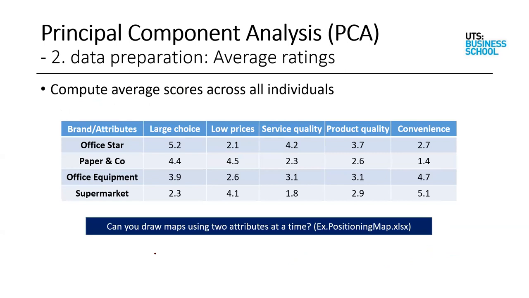So principal components analysis is beyond the scope of the subject, but that's the basic idea, or the intuition, that I've told you about. So you collect the data, you calculate the average ratings, and then you feed it into the software, and that will reduce the different dimensions into just 2 dimensions.